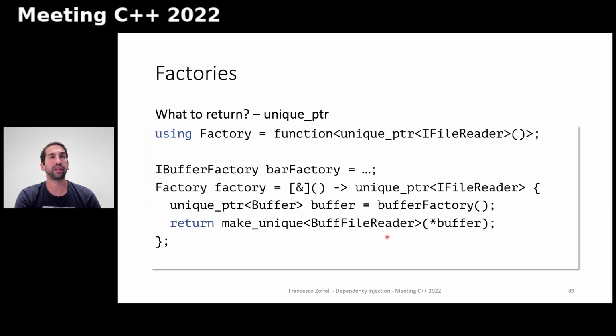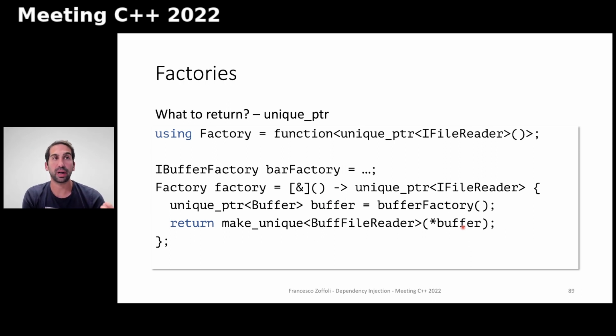Imagine, for example, that you have a buffered file reader that basically needs a buffer where to store the memory. And for this buffer, you actually want to provide it from some kind of allocator. So your allocator is going to be your buffer factory, which gives you back a buffer, and then you pass this buffer to the buffer reader.